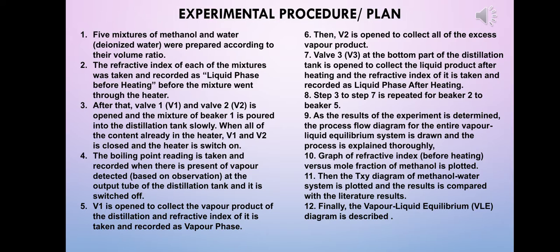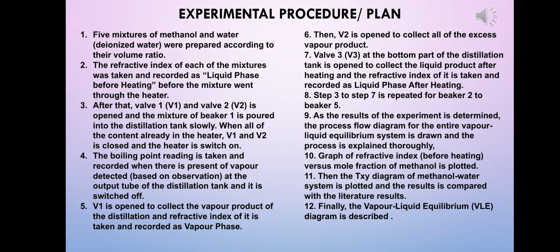After which the valves V1 and V2 are opened and the mixture of beaker 1 is poured into the distillation tank slowly. When all of the content is in the heater, the valves V1 and V2 are closed and then the heater is switched on.